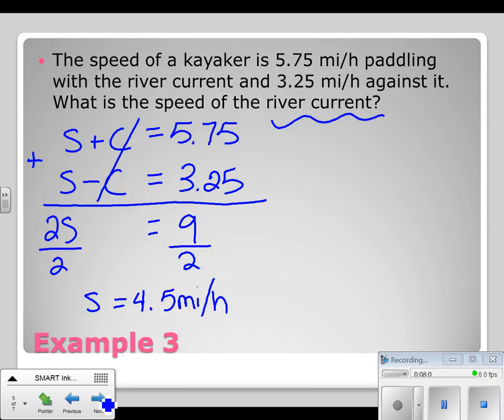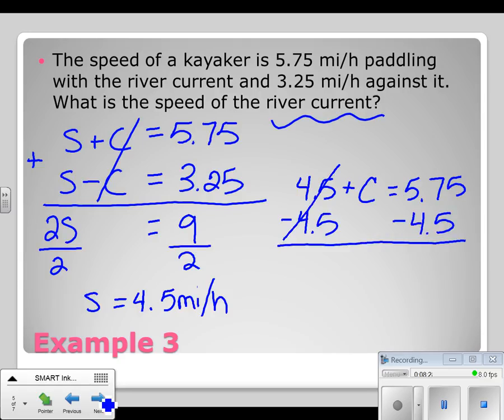We can use either one. I'm going to use speed plus current is 5.75. So we know speed is 4.5. So 4.5 plus the current, my first equation I wrote in my system, is 5.75. If I subtract 4.5, that river's current would be 1.25. So the current's 1.25 miles per hour.